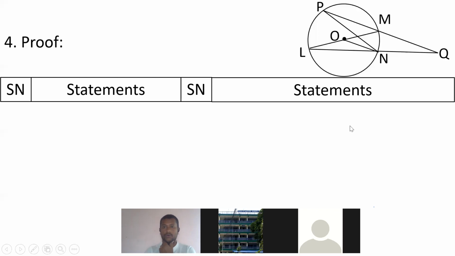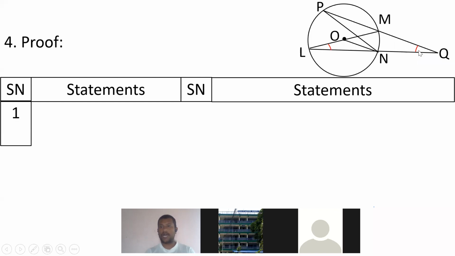So we can say angle MLN equals angle MQN. Why can we say these two are equal?